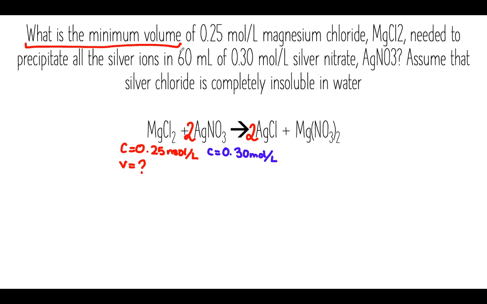Always remember from our last week's stuff, it's always just easier for us to convert into liters first. So when I convert milliliters to liters, I have to divide by 1,000, which is going to get me 0.060 liters. Okay, so I'm going to write down here, V is equal to 0.060 liters.